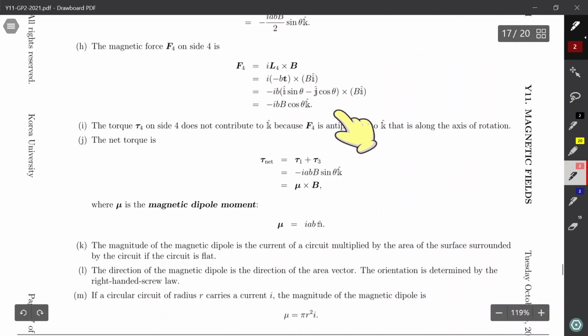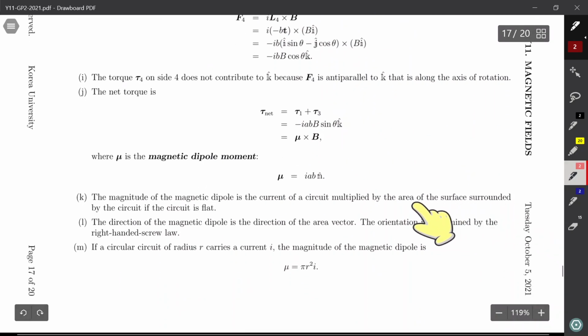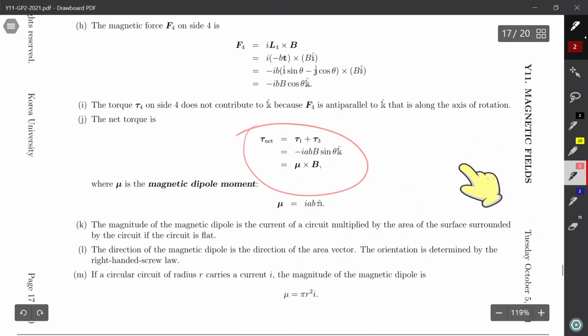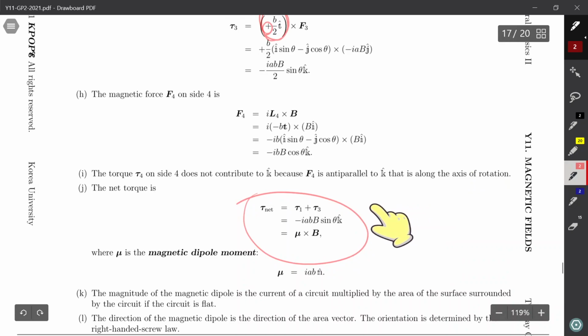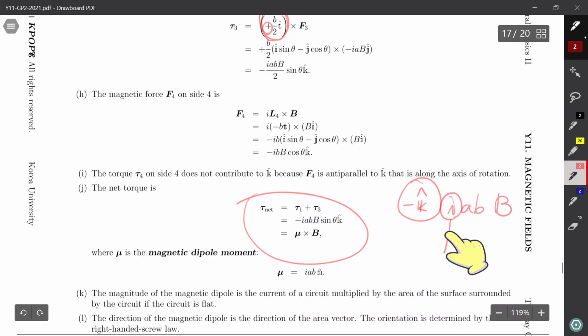Finally, if we add all 4 torques, 2 and 4 each vanish, they are 0. 1 and 3 add up. That is minus k vector and I a b B. Here, a times b is the area.